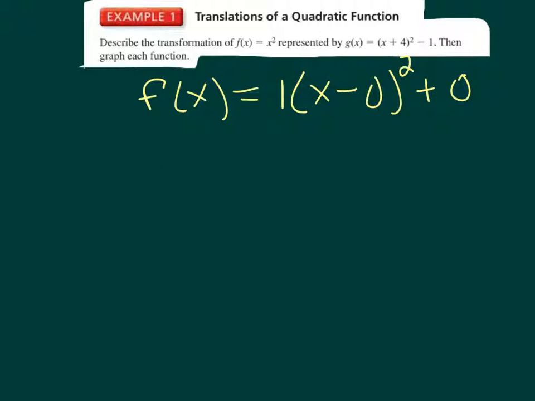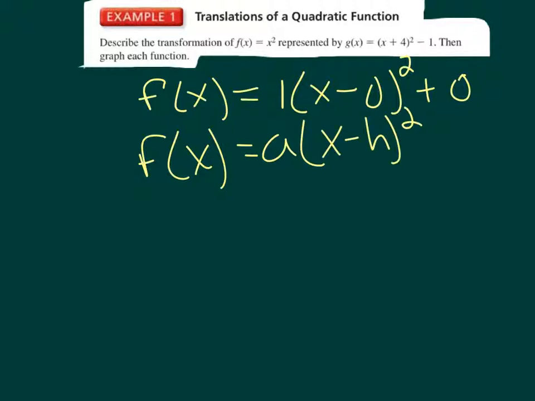So if you can recall, I'll just rewrite it out as you've seen on the previous page. It would be a times x minus h squared plus k. So if you notice, this would be 1, this would be 0, and this would be 0. So now let's look at the g of x. So what did I do with the g of x?